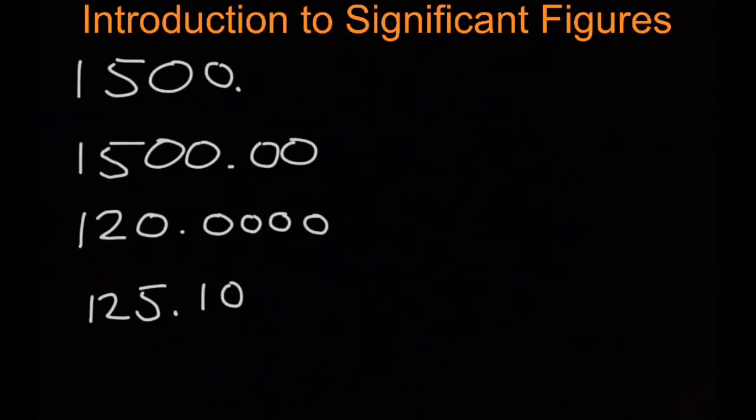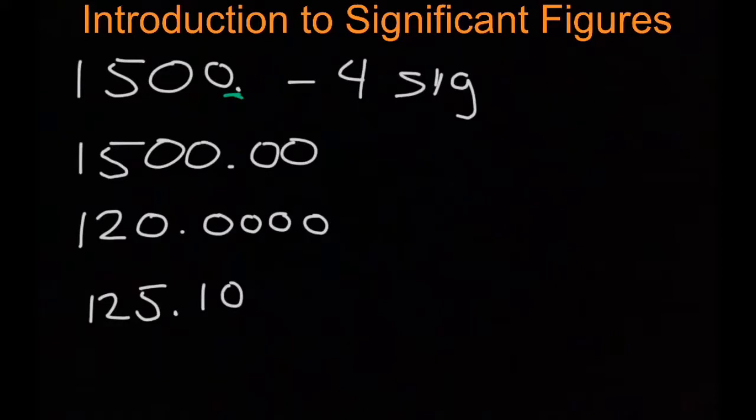So, these examples here are trailing zeros with decimals. When dealing with decimals, you deal with the zeros differently. So for 1,500 with the decimal right here, it has a total of 4 significant figures.